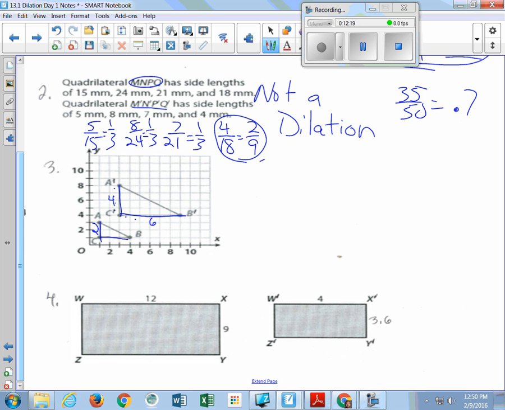That one's 2, and this one's 3. So this is the new, this is the old, so that's 4 over 2, and 6 over 3. They both equal 2. This being a right triangle, since 2 sides of a right triangle are proportional, that makes their third side proportional. So this is a dilation.